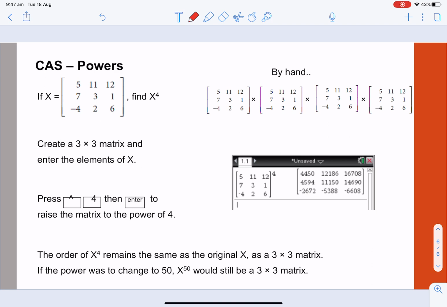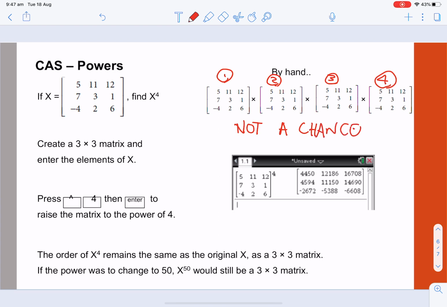You would have matrix number 1, then you times it by matrix number 2, then by matrix number 3, then by matrix number 4. If you flick through my slides and see the animations, I wrote not a chance, and I'm standing by that. It is too long-winded. Even a 2 by 2 is probably about as far as I go when I'm talking matrix multiplication. Anything more than that, it's just a headache.